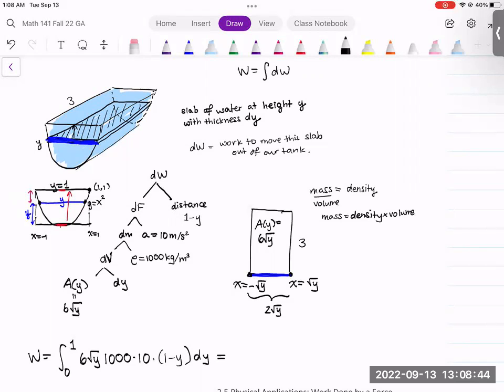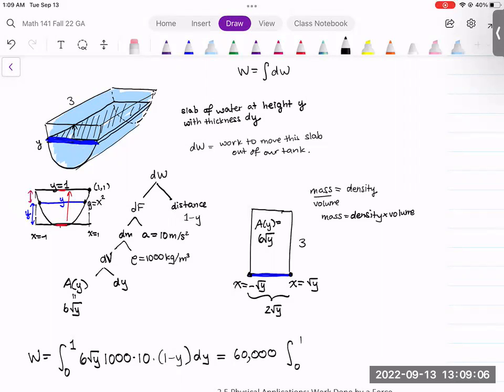And now we're just going to integrate. I'm going to multiply all of the constants out in front. So we had 1,000 times 10 times 6, so this is 60,000. We're integrating from 0 to 1.